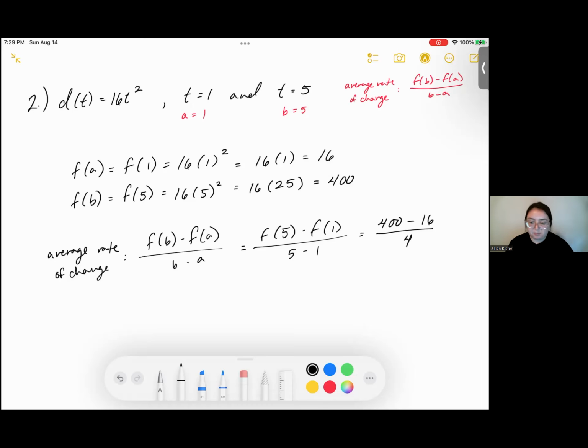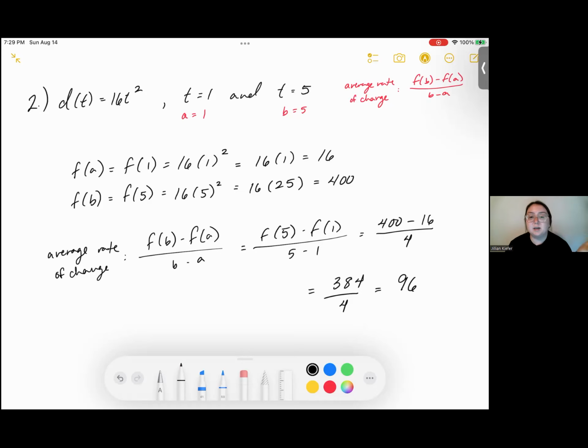So we can go ahead, figure out 400 minus 16 is going to be 384 divided by 4, which, if we want to use calculators, is 96.